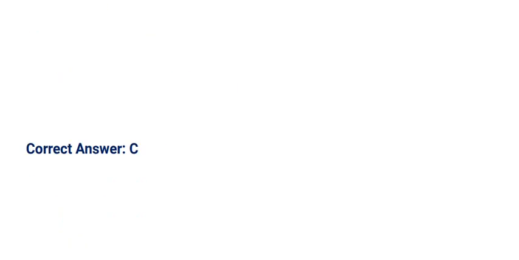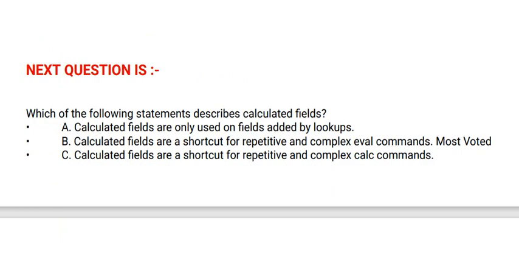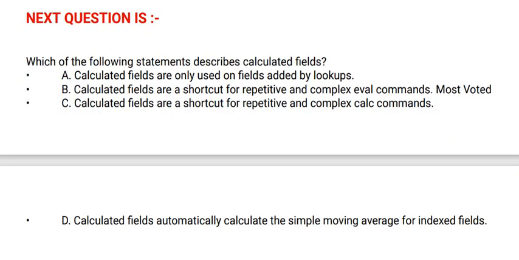Next question is, which of the following statements describes calculated fields? Option A, calculated fields are only used on fields added by lookups. Option B, calculated fields are a shortcut for repetitive and complex eval commands.